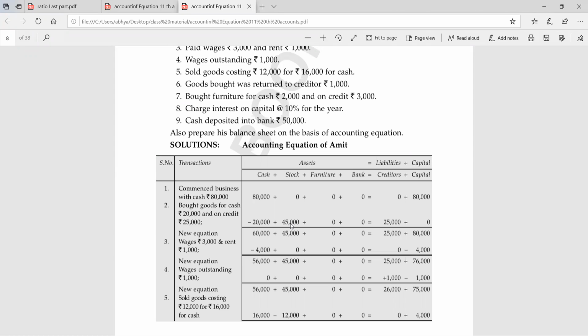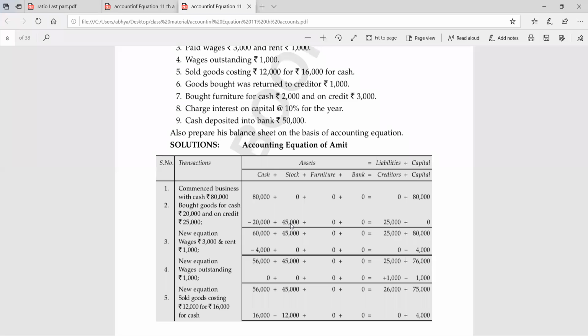But how much will be deducted from cash? What cash payment have we made? Tell me, students, what cash payment have we made? Yes, Harshita. In stock, you have to write the total because the total goods are incoming in your business. It does not matter whether you have purchased those goods in cash or in credit.